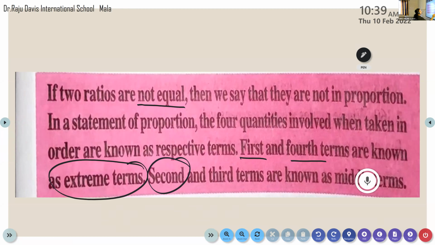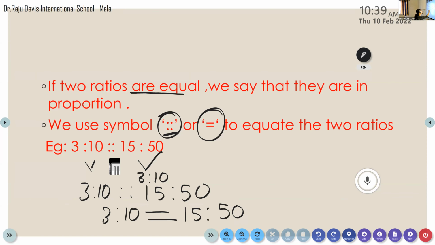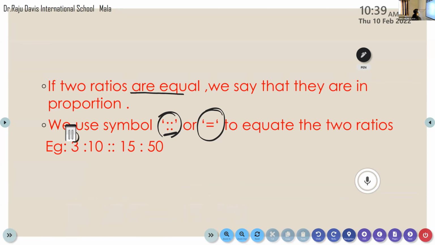Second and third terms are known as middle terms. So children, here there are 4 terms. Can you see here? 3 is the first number, the second one is 10, the third one is 15, the fourth one is 50.